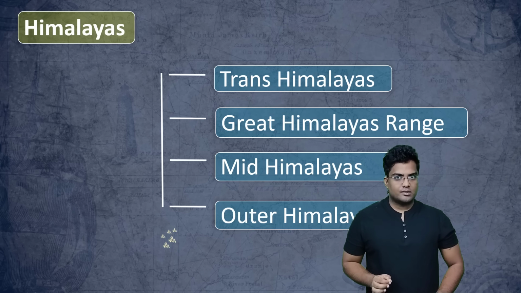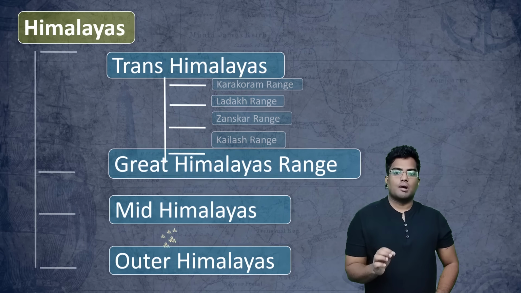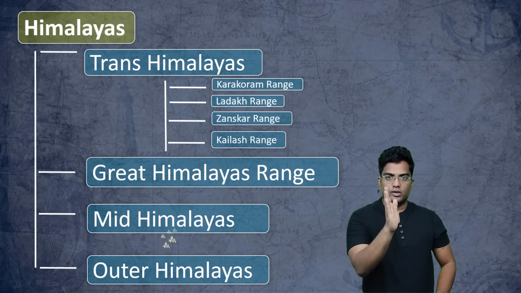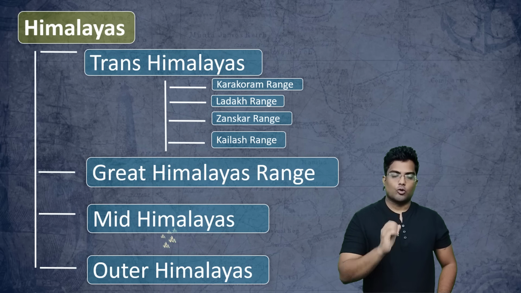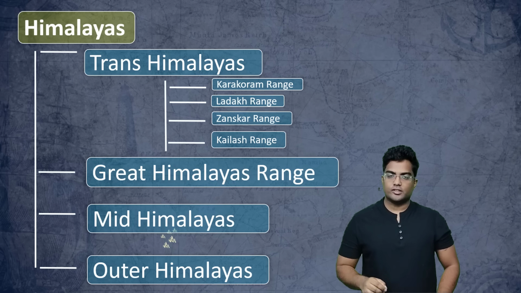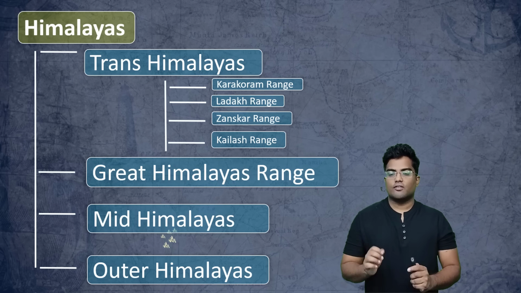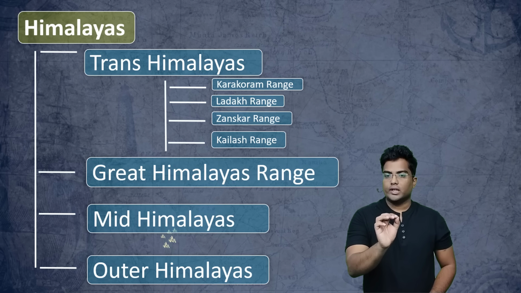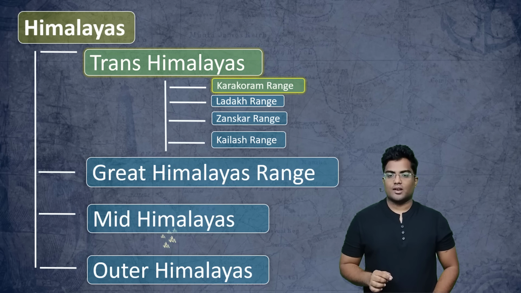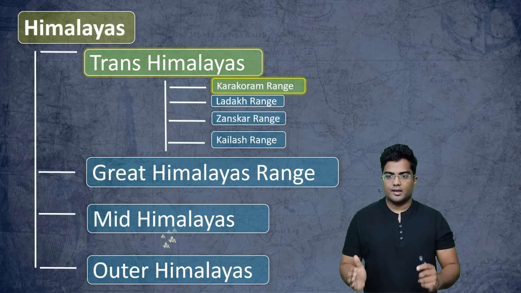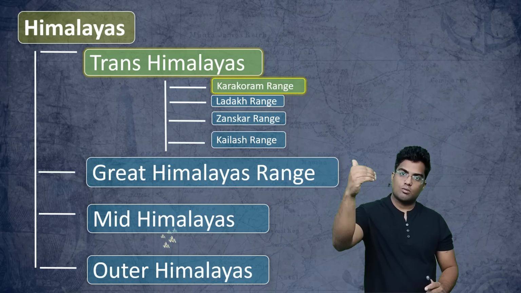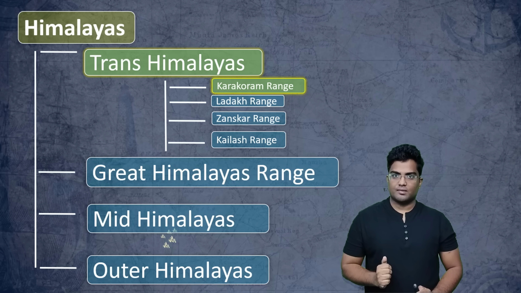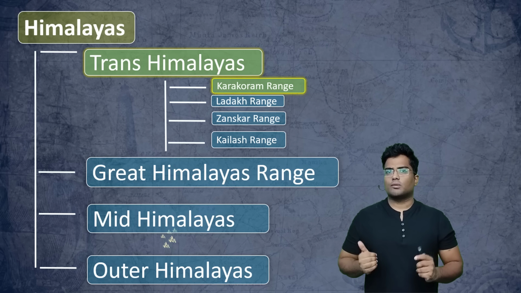At the top you have the trans-Himalayas, and the trans-Himalayas also have four ranges: the Karakoram Range, the Ladakh Range, the Zanskar Range, and finally the Kailash Range. We are only interested in the Karakoram Range. The Karakoram Range is part of the trans-Himalayas, which is part of the Himalayas. I think you have got a perspective.